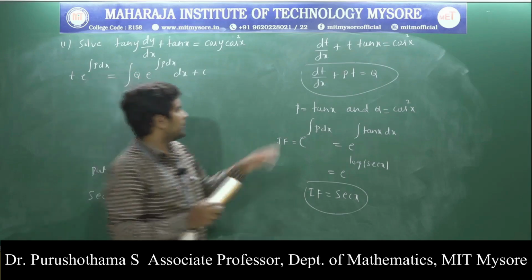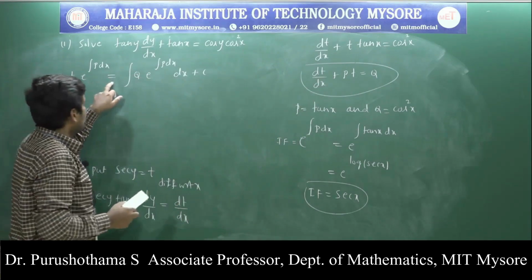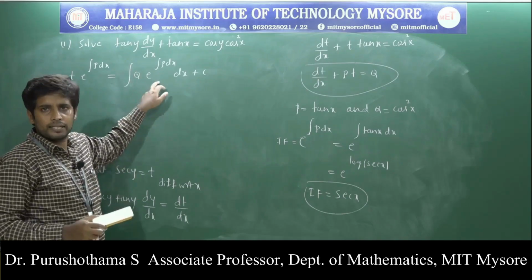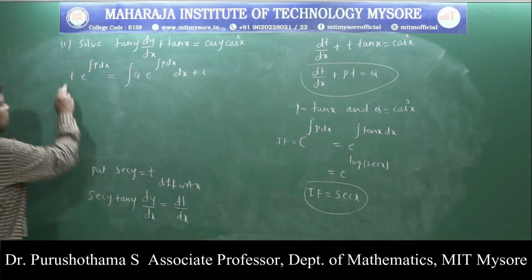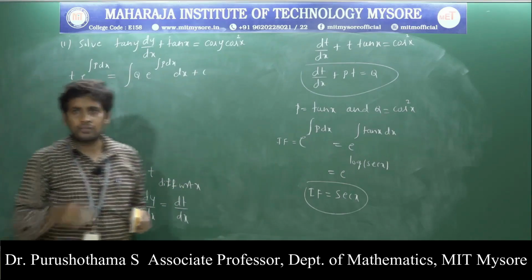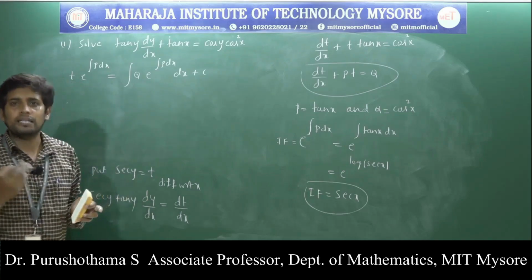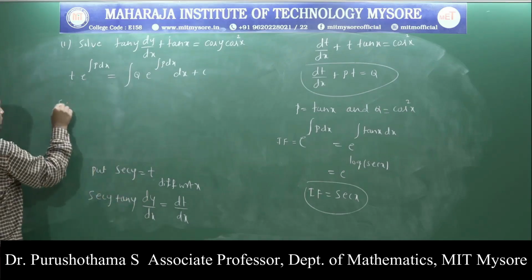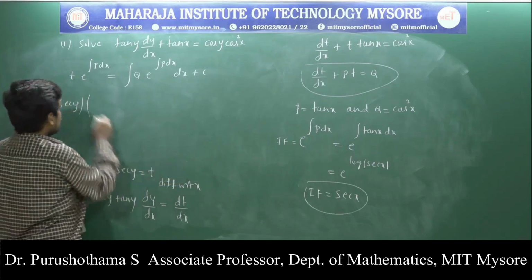Here the dependent variable is t, therefore t into the integrating factor is equal to the integral of q into the integrating factor with respect to x plus c. Replace t back, since we chose t equals secant y: t is equal to secant y into the integrating factor value secant x.